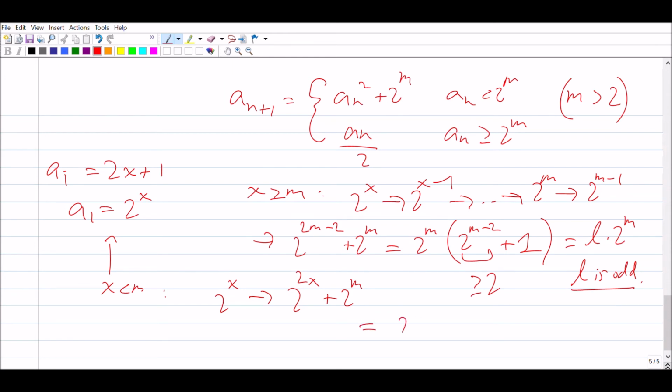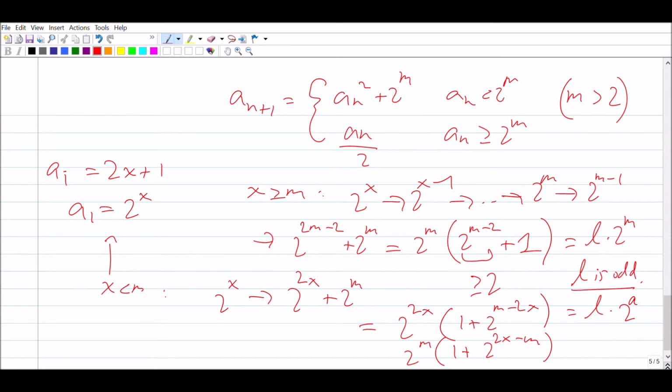If 2x is larger than m, it's 2 to the power 2x times (1 plus 2 to the power m minus 2x). And if m is larger, it's going to be 2 to the power m times (1 plus 2 to the power 2x minus m). So either way, this is again of the same form: L times 2 to the power, either m or 2x. So let's say L times 2 to the power a for the general case.